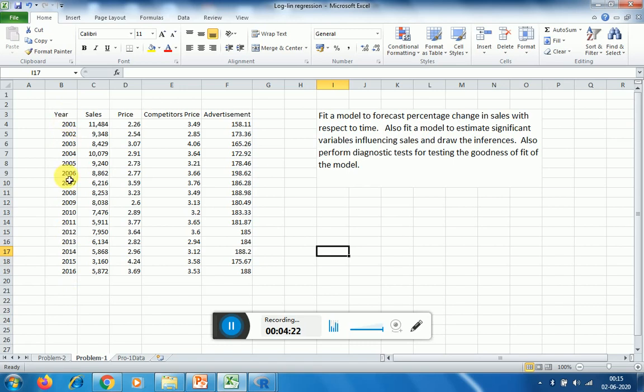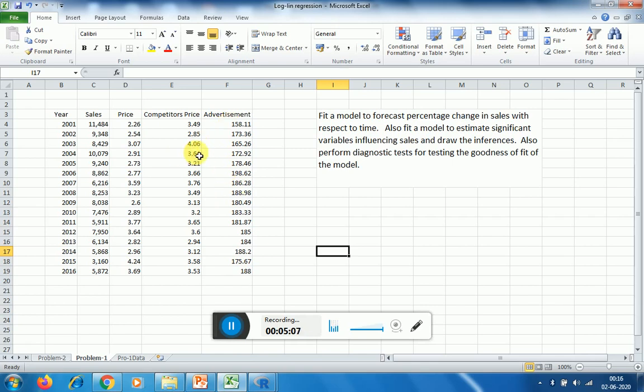The first column represents the year, and the values corresponding to different years are given, along with sales, prices, competitor's price, advertisement expenditure, etc. The sales values are expressed in thousands of rupees, the price is measured in rupees and is relatively low. The competitor's price is also comparatively low. The advertisement expenditure is in hundreds of rupees, so these are also not very high amounts.